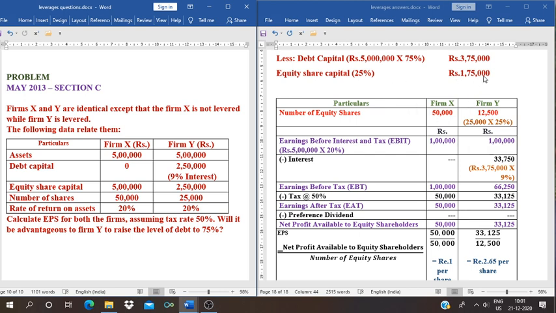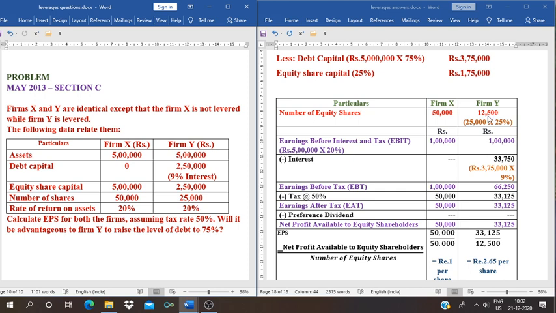See, equity share capital, how much is it there? It is the capital. Or what we can take, number of shares is here 25,000. On this 25,000 shares, 25%, how much? 6,250 will come.